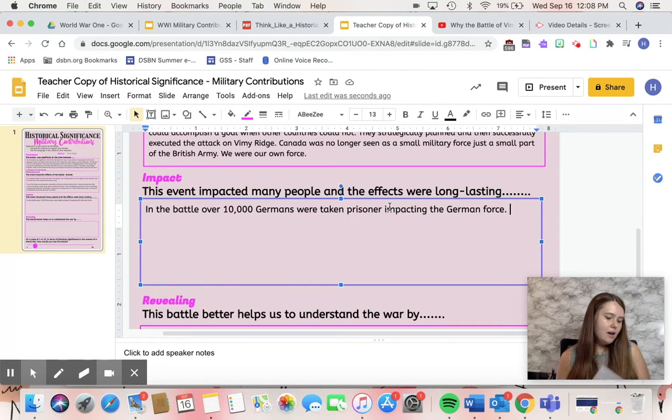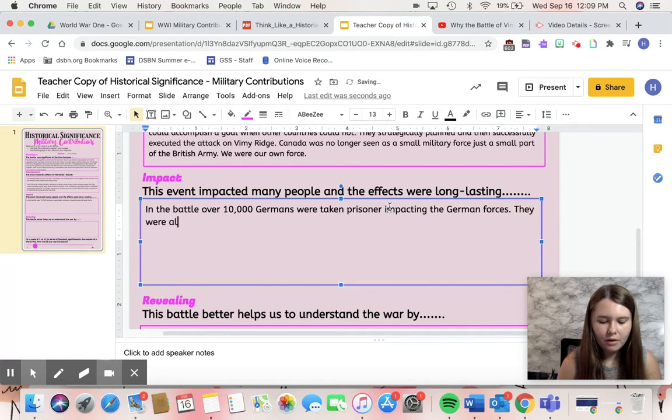They say the barrage of shells leading up to the attack was called the week of suffering. So we know that basically the entire German forces at Vimy Ridge were greatly impacted by the Canadians' attack. So we can add that in as well.